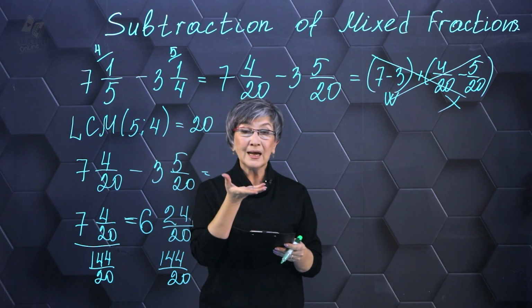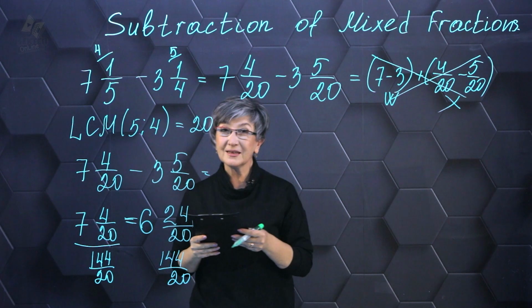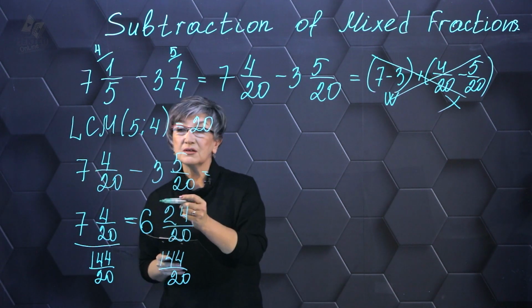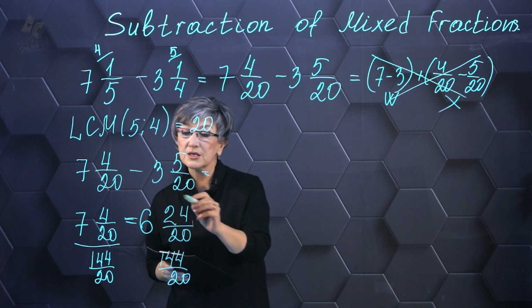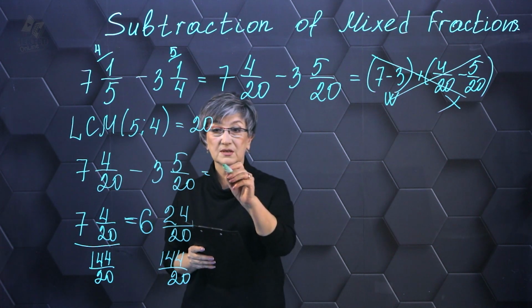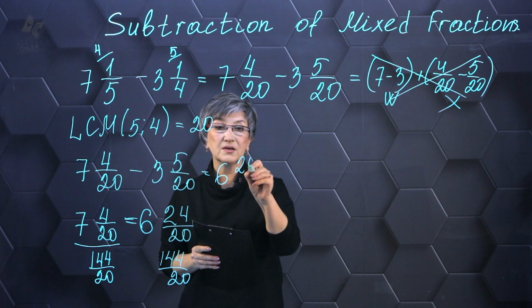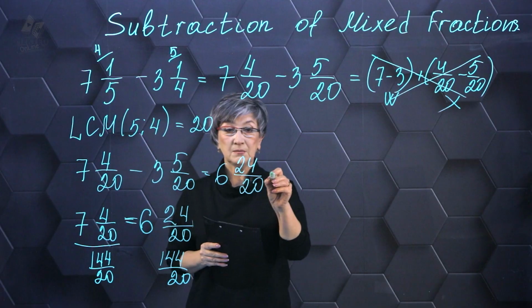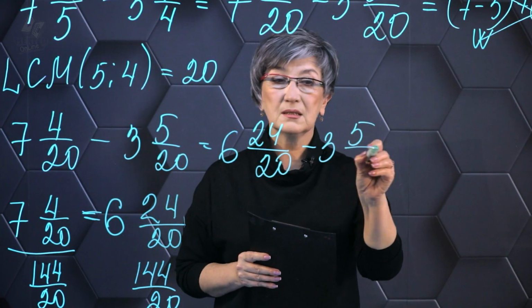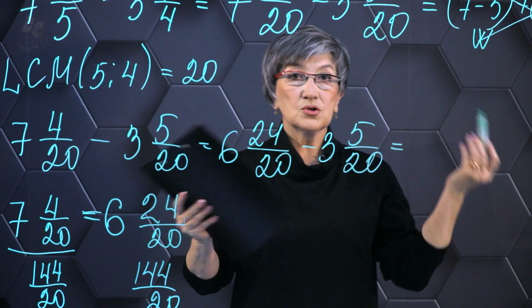So 7 whole 4/20s, I'll write it down as 6 whole 24/20s. So 6 whole 24/20s minus 3 whole 5/20s. What is the result?